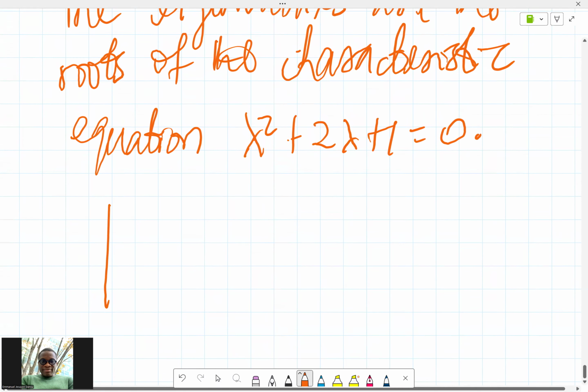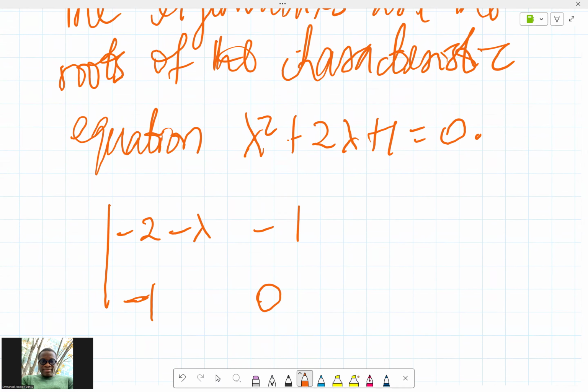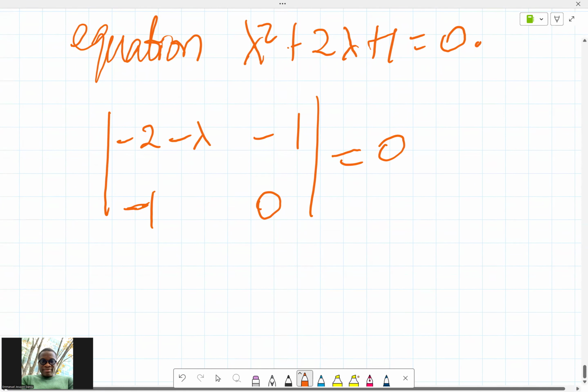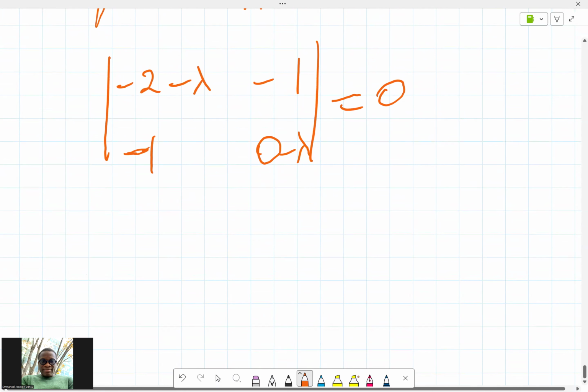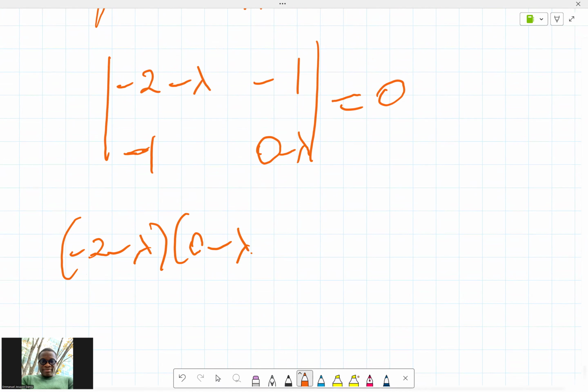So we have the matrix minus 2 minus lambda, minus 1, minus 1, 0 minus lambda. We find the determinant of this equals 0. So this is minus 2 minus lambda into 0 minus lambda, then minus 1 times minus 1 equals 0.